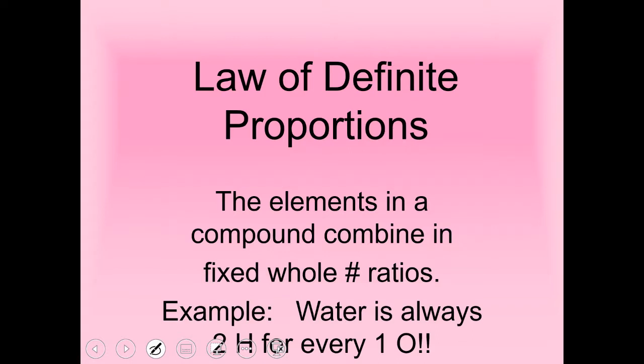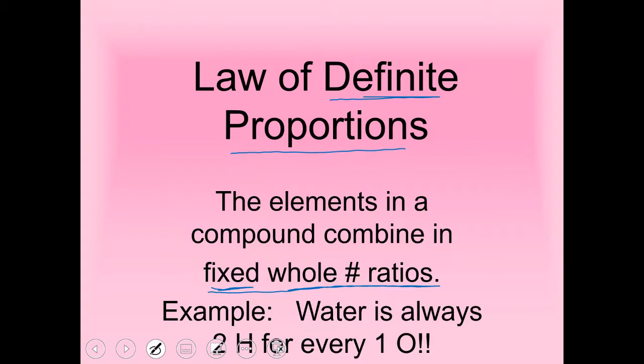But what it really boils down to is that compounds have fixed formulas, a fixed whole number ratio of elements, okay? Definite proportions, definite ratio of atoms or elements within a compound.